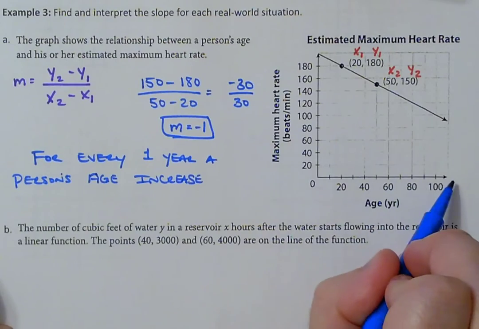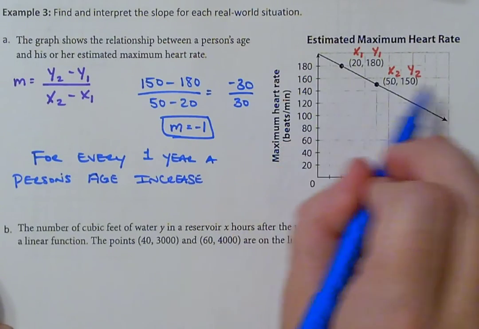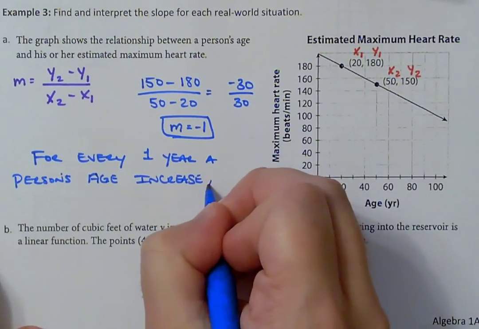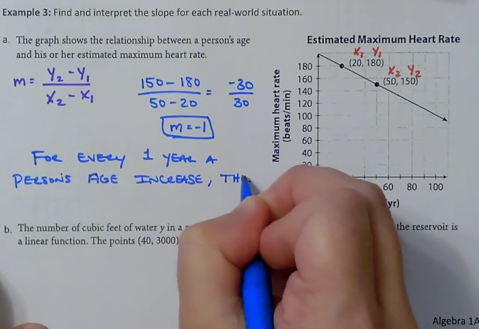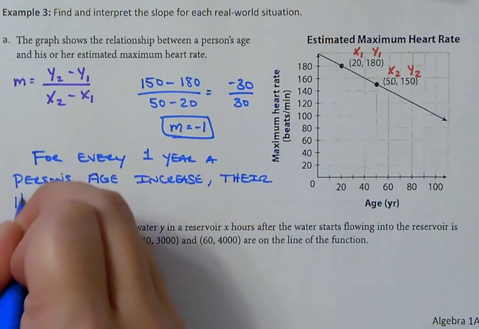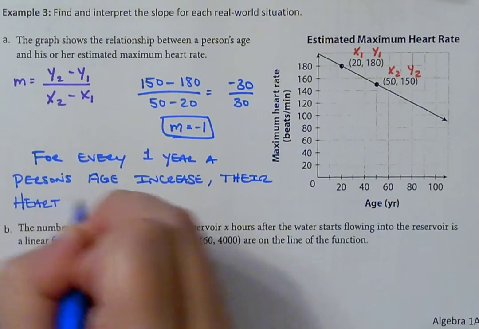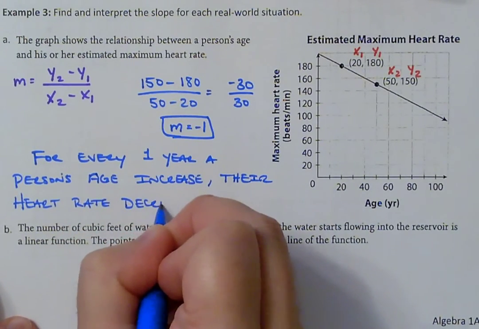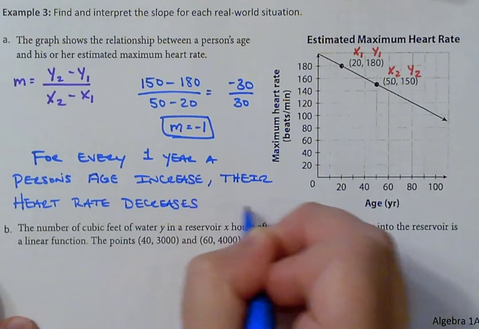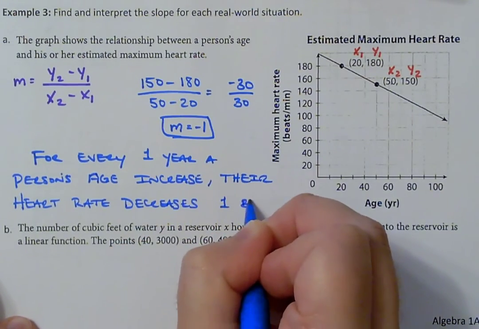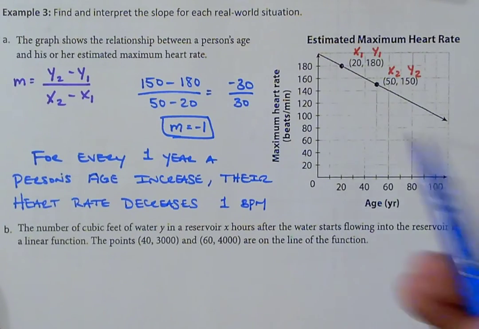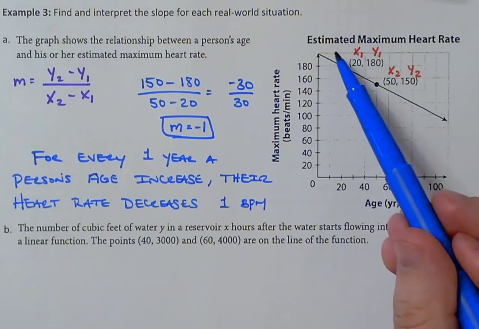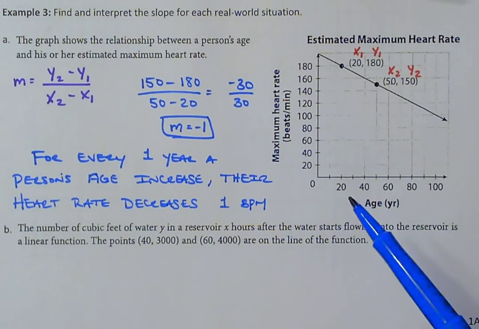So every year that their age increases, as we go right to left, their heart rate is going to decrease by 1 BPM. Again, for every year a person increases in age, their heart rate decreases by 1 BPM.